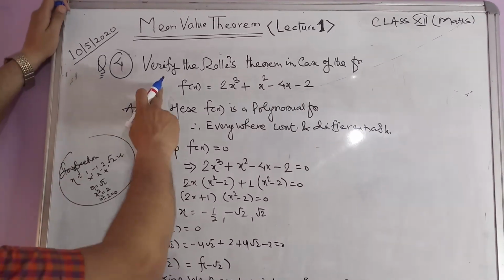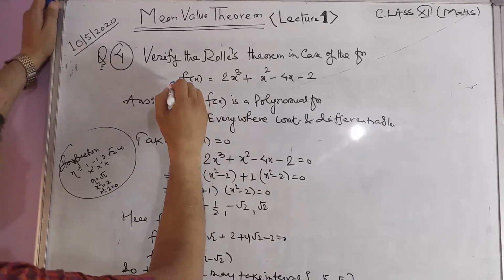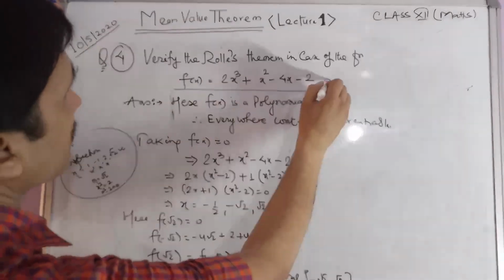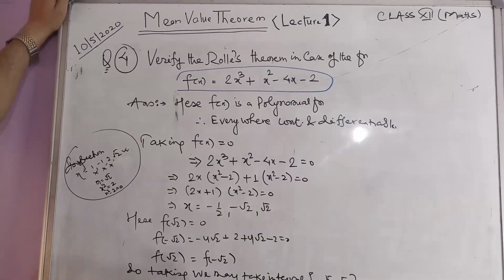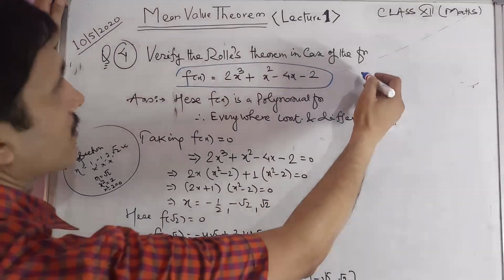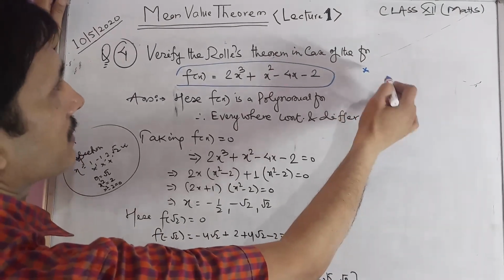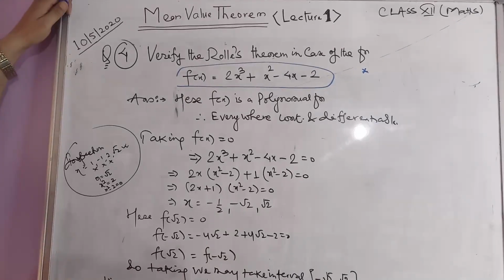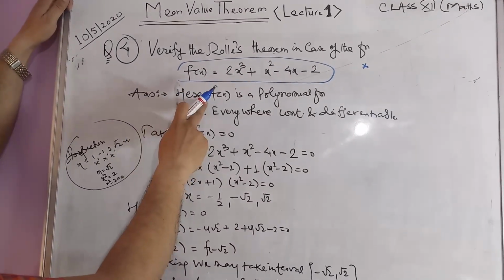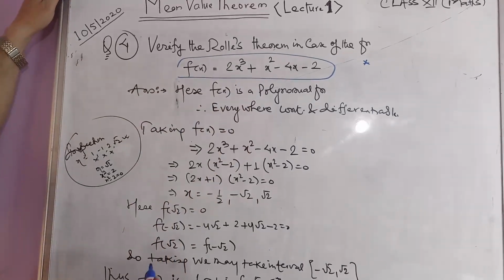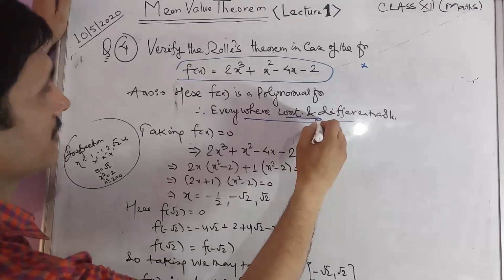The fourth question, verification of Rolle's theorem for the function f(x) equal to x cube plus x square minus 4x minus 2. Notice that here no interval is given. First of all, we see f(x) is a polynomial function, so it is continuous and differentiable everywhere.